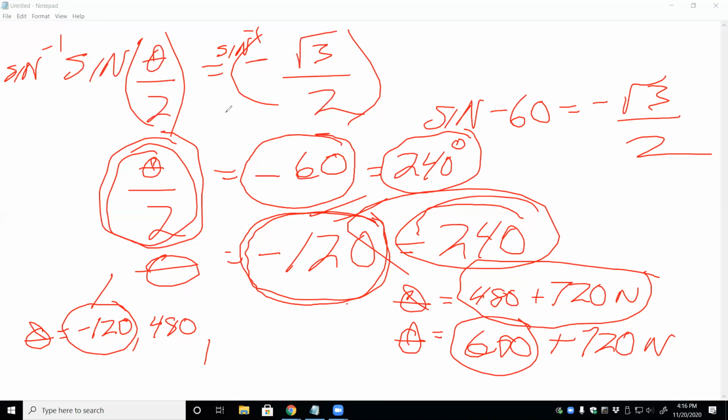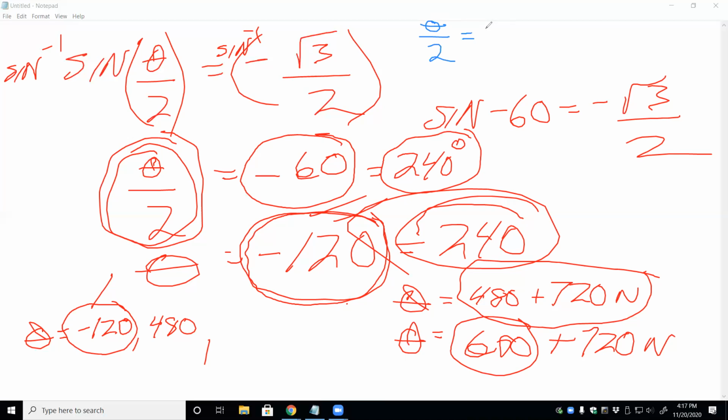And this is a follow-up question with sine, but the period of sine is pi or 360, right? It's 2 pi, but the period of theta over 2 is going to be 4 pi. So you got this, right? Let's see.